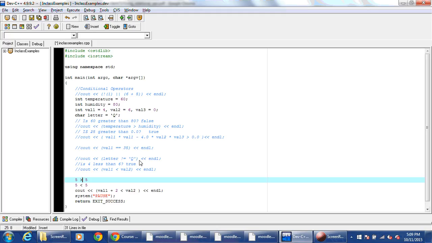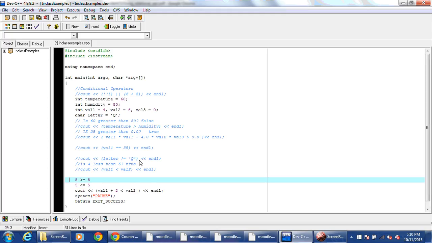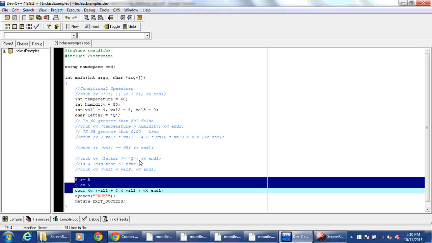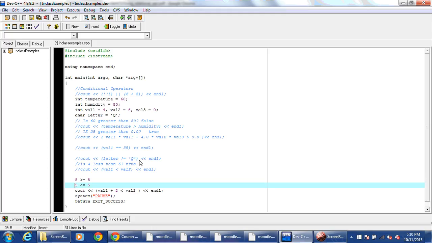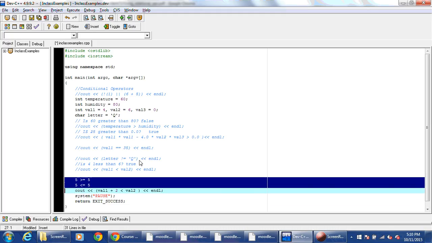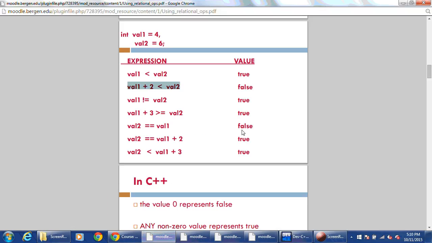If I do 5 greater than or equal to, or less than or equal to, now it's going to say, is 5 greater than or equal to 5? Yes, it's equal to. So that's true. And same thing here, is 5 less than or equal to 5? That's also true. I think in mathematics, that also comes into consideration. If you know your algebra, then you're fine.